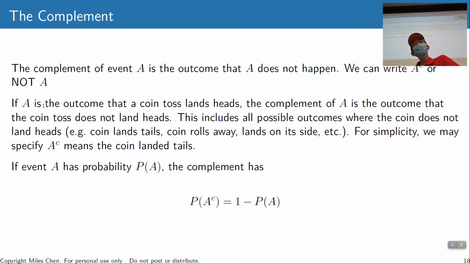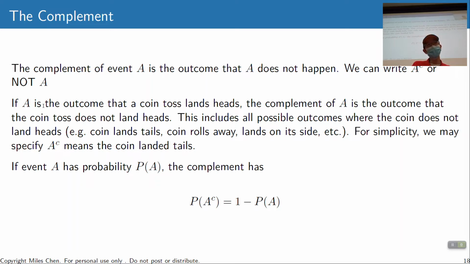Now technically, not landing heads includes all the outcomes where the coin doesn't land heads. So most likely the coin lands tails, but it also includes events like the coin rolls away, the coin lands on its side, the coin disintegrates midair or something. Now, we could simplify our life and just say if it's not heads, that means it landed tails.